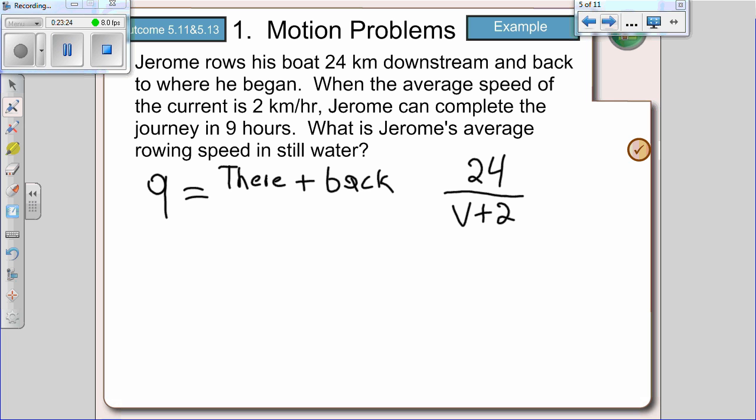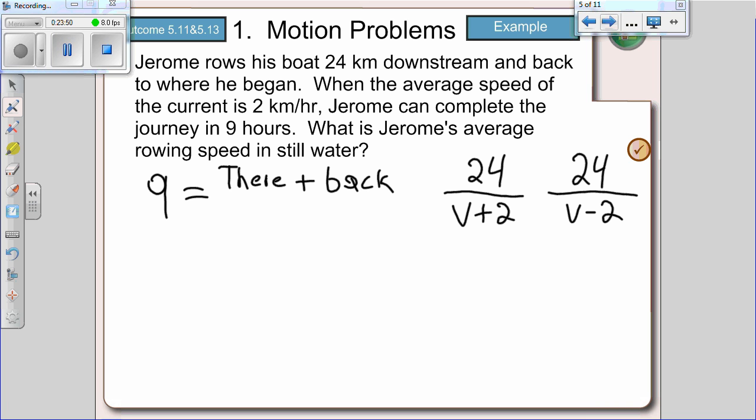On the way back, the distance is the same, but his speed is v minus 2 because he's got 2 kilometers per hour pushing back on him now. So he's fighting the current. It's slowing him down. V is how hard he's actually rowing. 2 is either the momentum he's gaining or the momentum he's losing, depending on which way you're going.